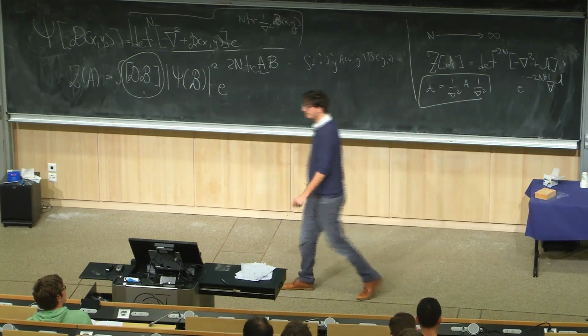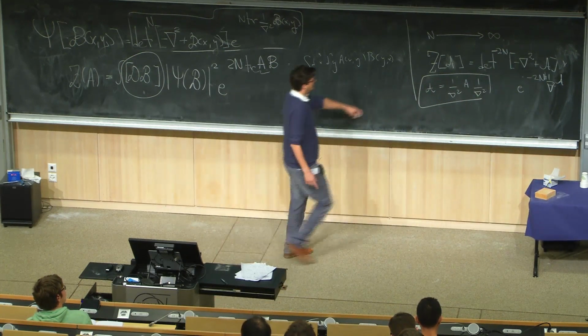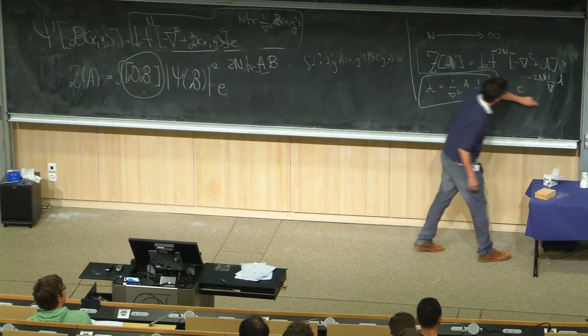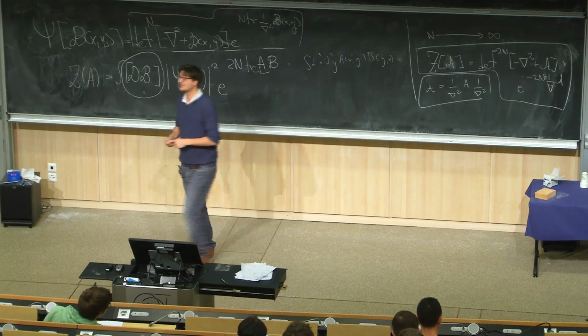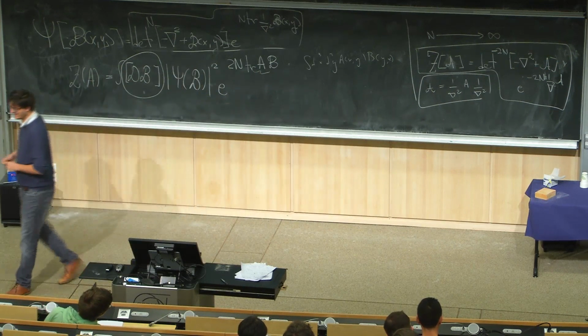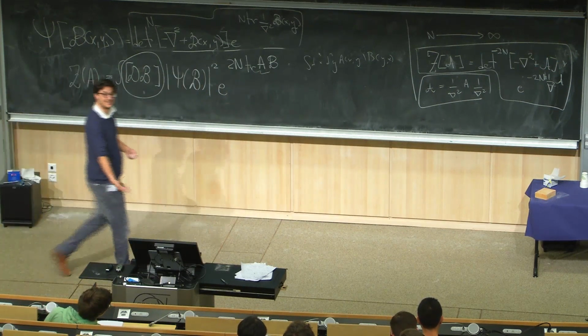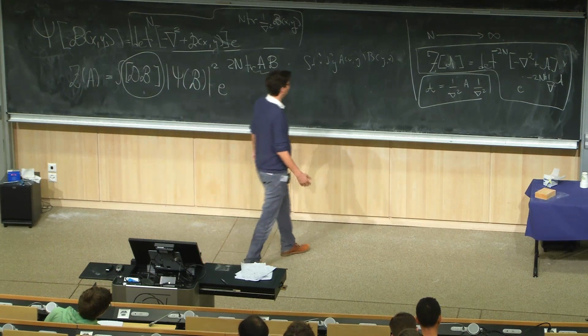Okay? The reason I did it is that now I can identify the answer, at least in the infinite n limit, as a partition function, again, of a bosonic CFT.